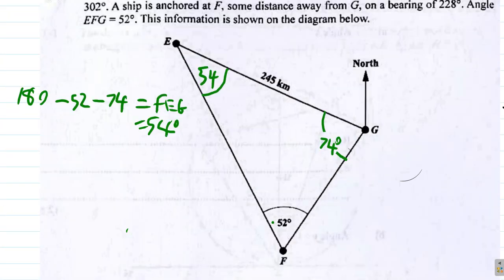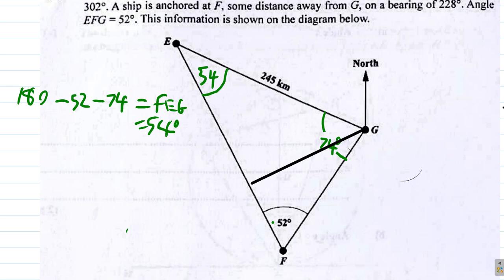Now remember, if you pass a certain point, the line will be getting longer. If you move from E towards F, the line gets shorter and shorter, but at some point it's going to get longer and longer again.